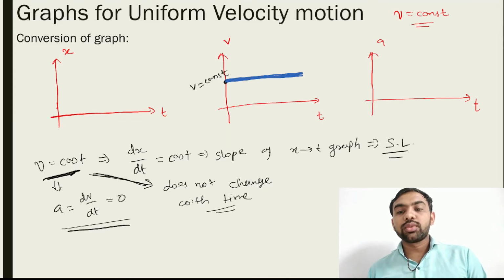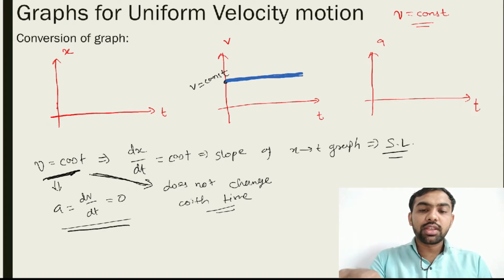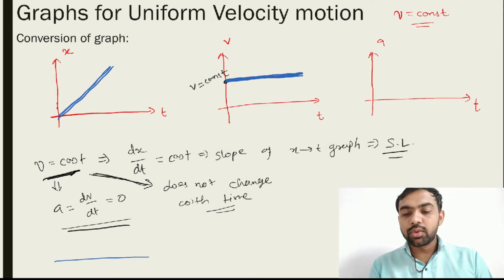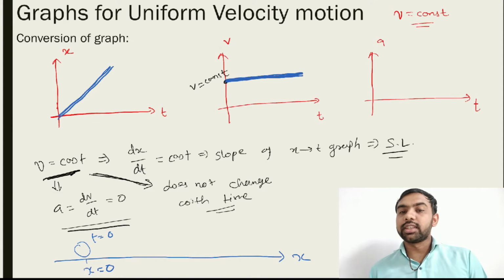So for the same thing, if you draw the x versus t graph, maybe it is like this. Suppose this motion starts at x equal to 0, so at t equal to 0, the object is at x equal to 0.